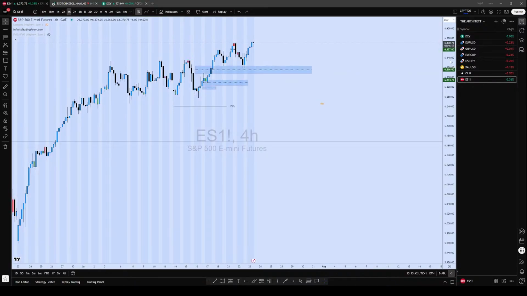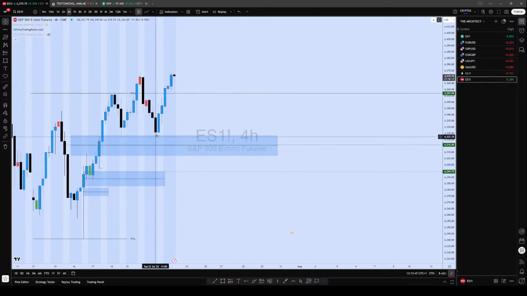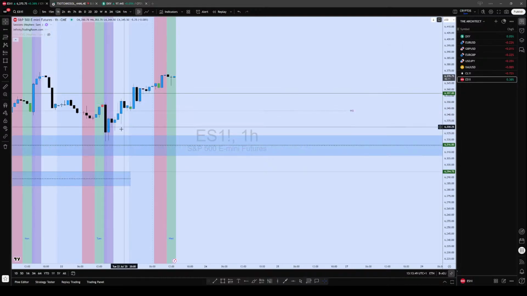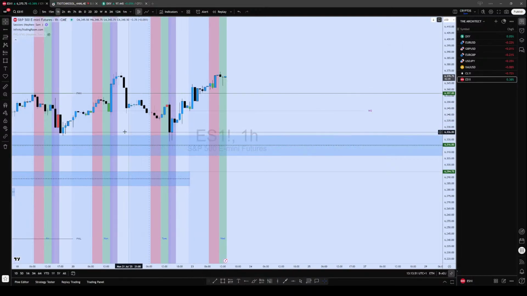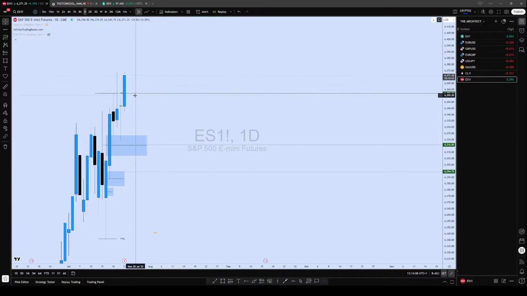ES, I think we came into that area yesterday and then rejected. Now, I personally again did not do anything with this, simply because, like I said, unless we get a big, aggressive move, this thing here is kind of not tradable yet.